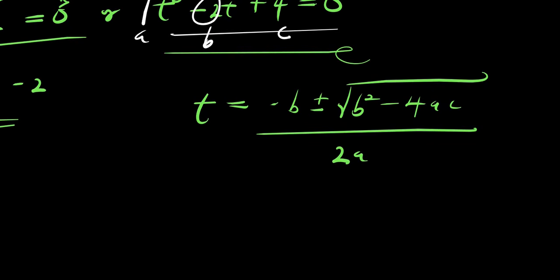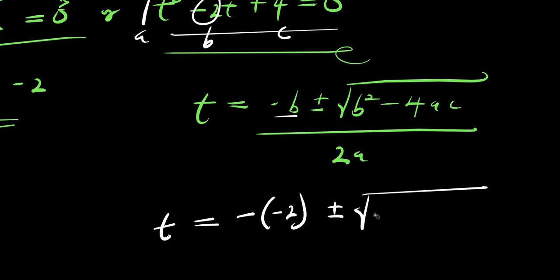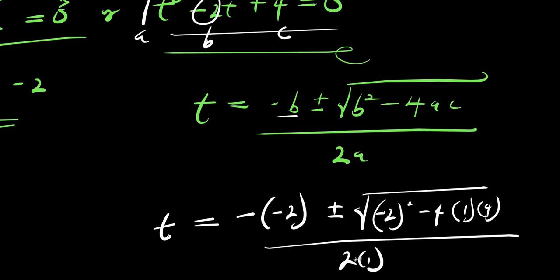So from here, I'm going to have t equals -b, so I have negative times -2, plus or minus square root of b squared. This is -2 to the power of 2 minus 4 times a as 1 times c, that is 4, divided by 2 times 1, that is 2 times a.